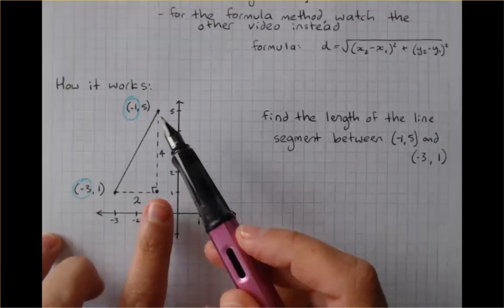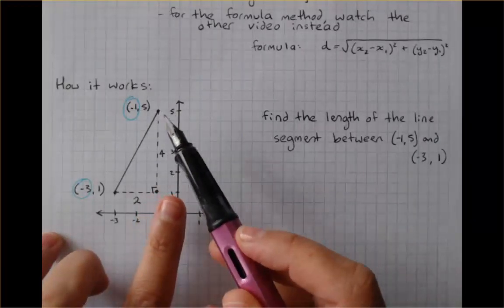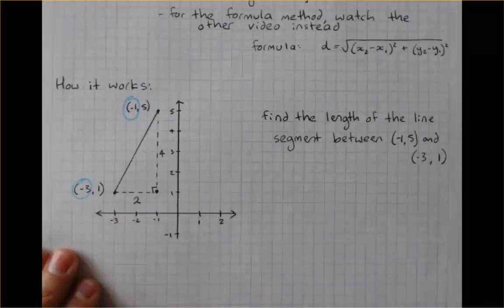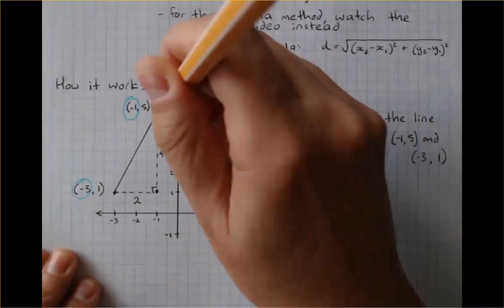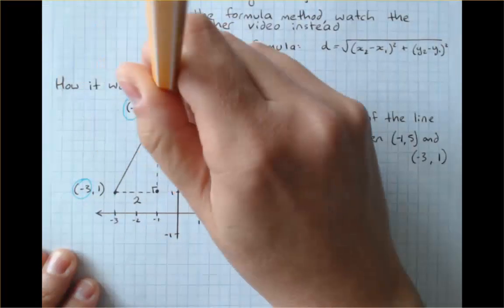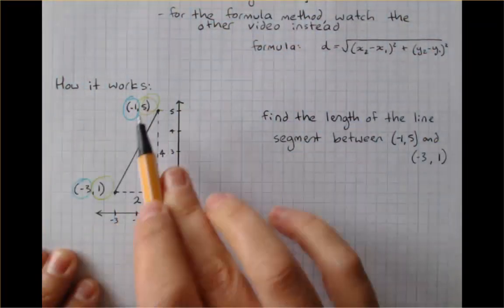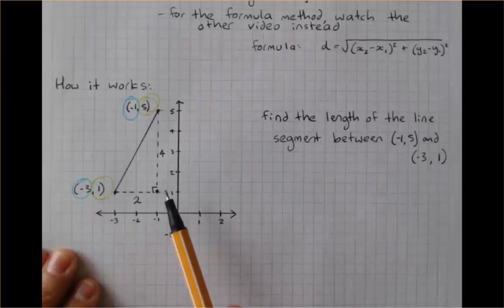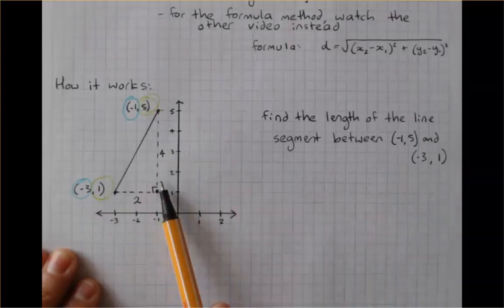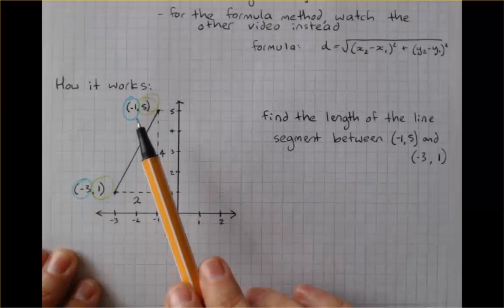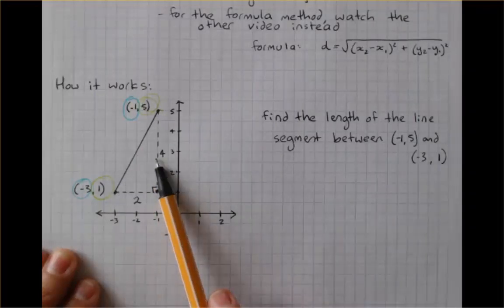Maybe you'll feel happier if I do the y values first, because we're in the positives and you'll see how it works. Then we'll do the x values. So the y values, this one's 5, this one's 1, and you can see where I get those from the points. So this value here is 4, and you can see really clearly 5 minus 1 is 4.